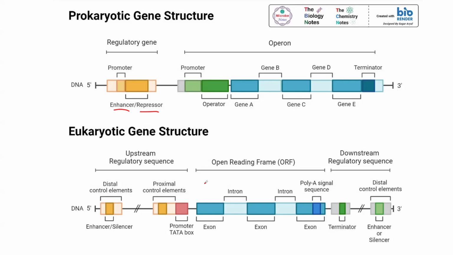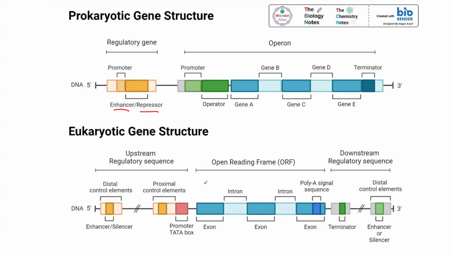But look at the eukaryotic gene structure. In the eukaryotic gene structure, you can see clearly that there is an enhancer, a terminator, even a silencer, and there are genes. It has both introns and exons.